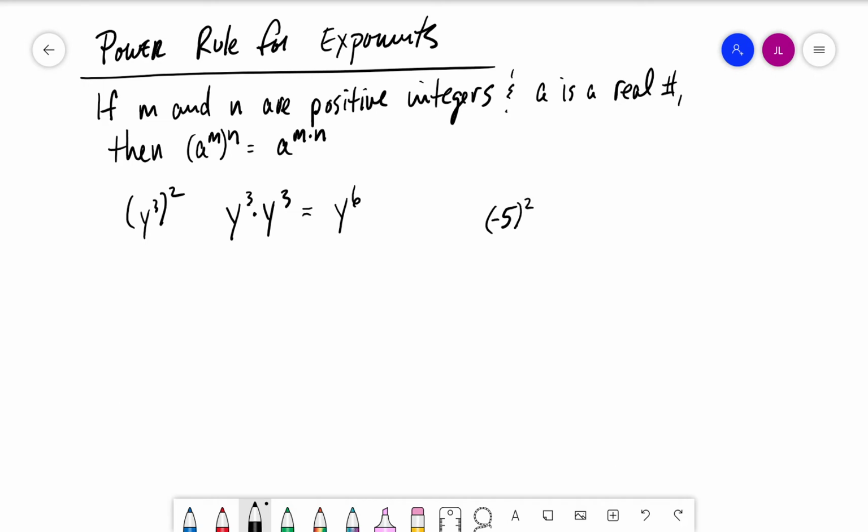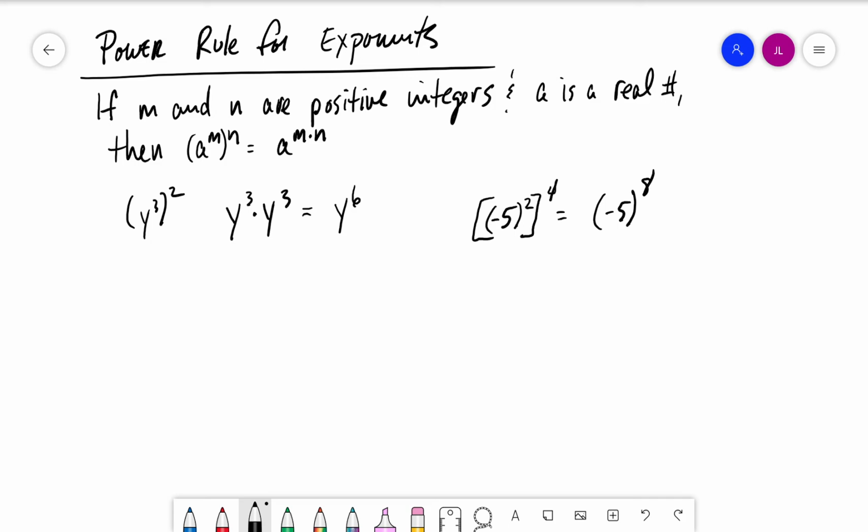Okay, we're going to take -5 squared, and that whole thing is going to be to the 4th power. Alright, so what we get here, basically, we're going to have -5 to the 8th. So, again, we are just really multiplying various bases with the power rule.